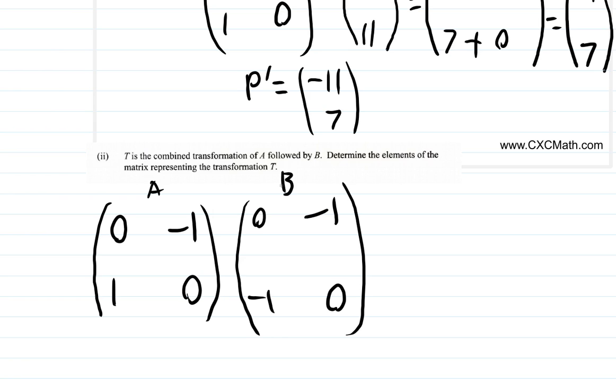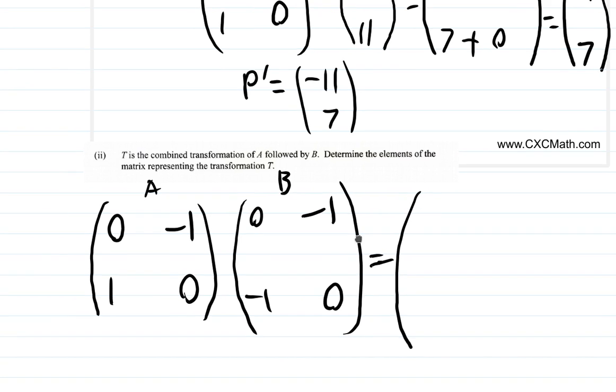Now, to get that combined transformation, multiply A and B. Remember, when you multiply matrices, it's row by column.